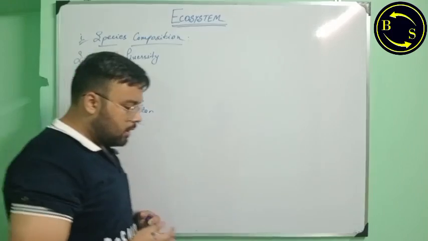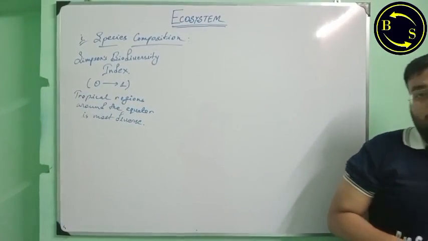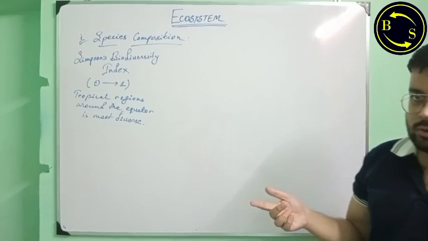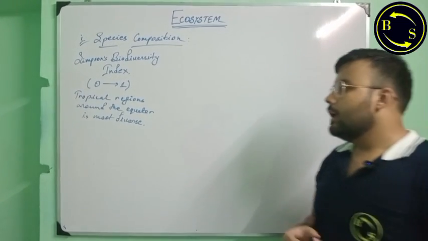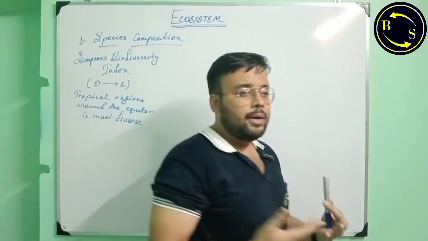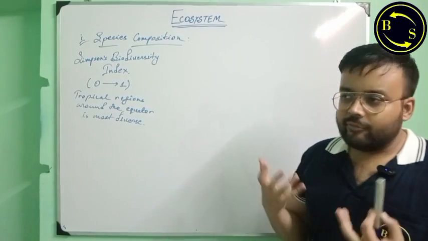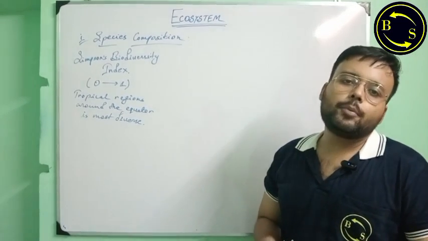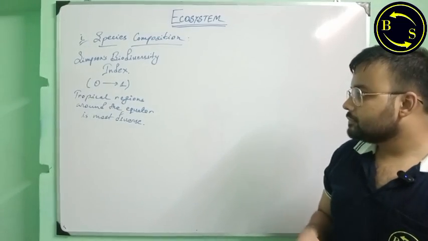Because due to the geoid shape of our earth, most of the sunlight year round falls over the equatorial region, and since sunlight is the limiting factor of life, it drives photosynthesis. Without sunlight, there wouldn't be any producers, at least there wouldn't be any photoautotrophs.